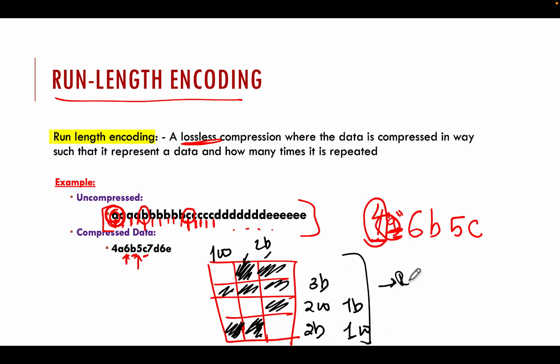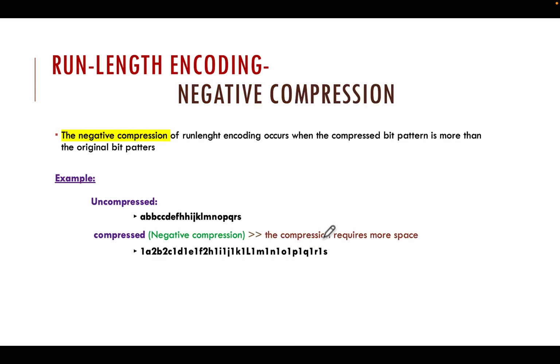Now, of course, it's not really written as W and B in the encoding system, but I'm just doing that for simplification. So, run length encoding. Run length encoding is very useful, but we don't use it all the time. There are times where run length encoding is insufficient. We call these insufficient run length encoding times negative compressions.